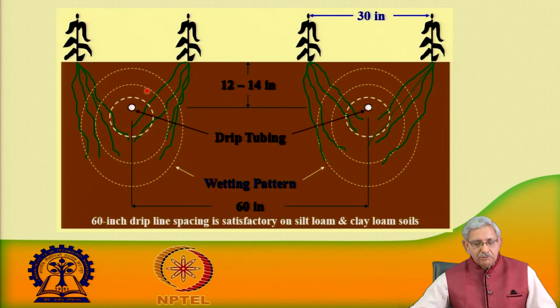This is a typical case: you can see the drip lateral placed below the land surface, and when water discharges from the drip lateral, it forms the soil moisture wetting. This is when the time of application is short. So, this kind of wetting will form, and then it will continue as long as we keep increasing the time of application.